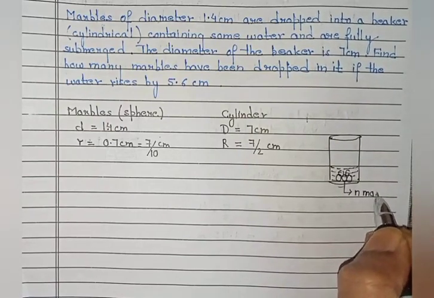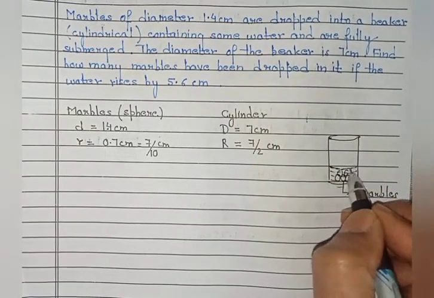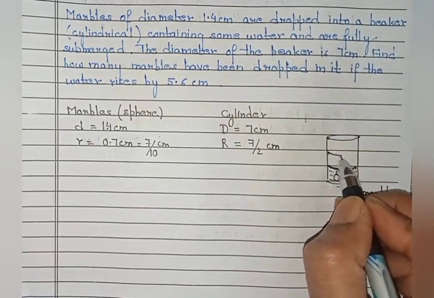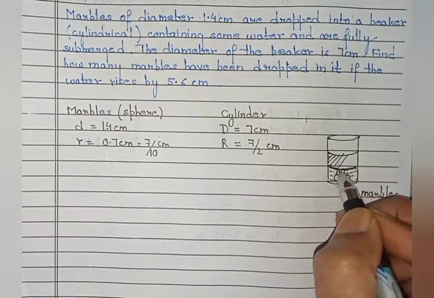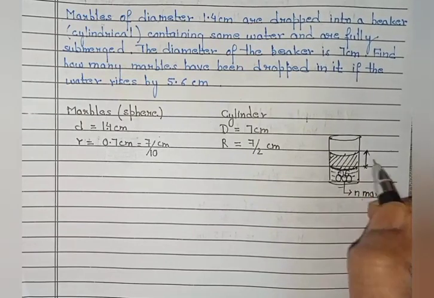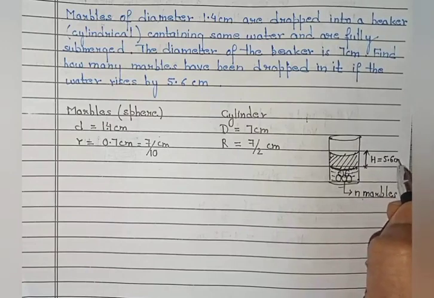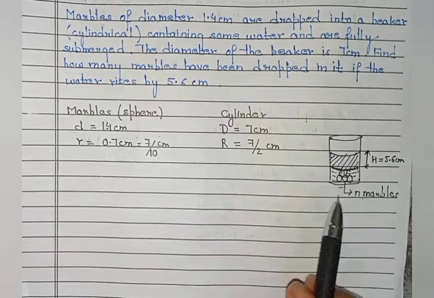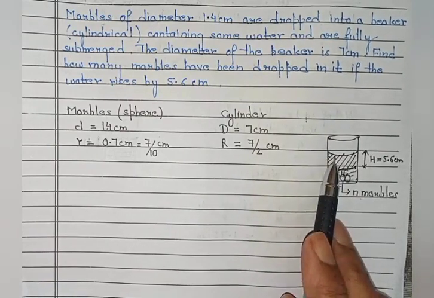Now because of these n marbles, the water level rises from this initial position up to this position. So this is the volume of water displaced, and the height of the water displaced is given as 5.6 centimeter.